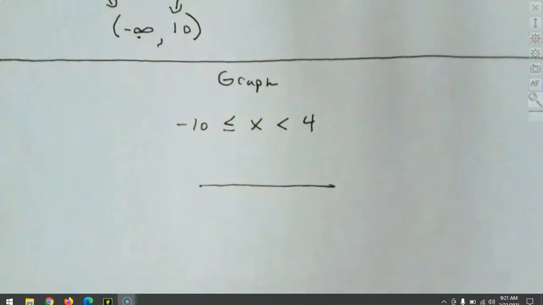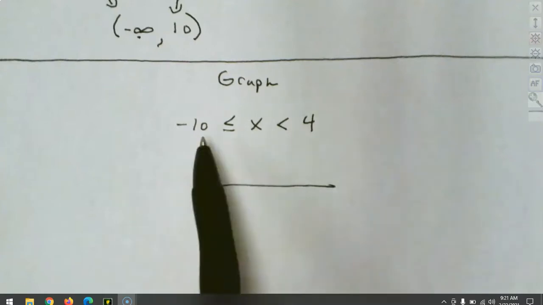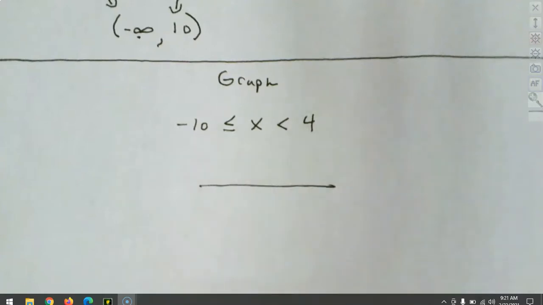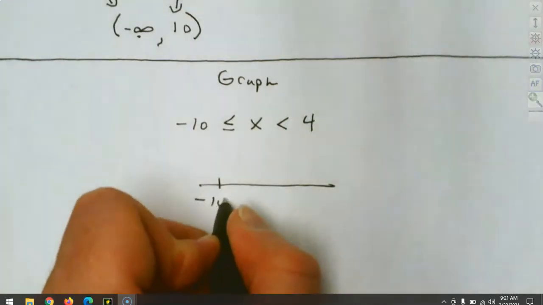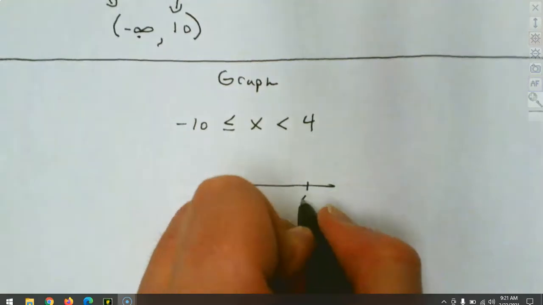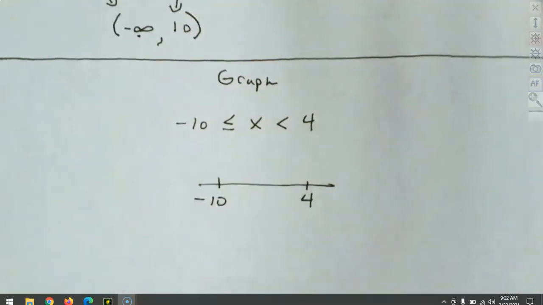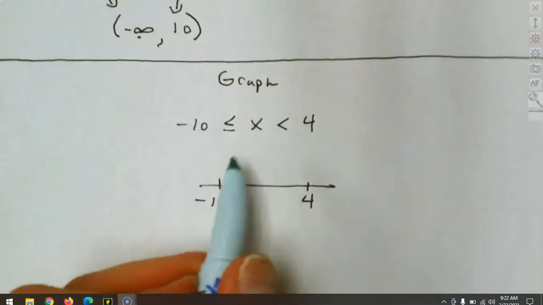X is going to be trapped between -10 and 4. So we come down to our number line. -10 is on the left. +4 is on the right. We want it to be trapped in between them.